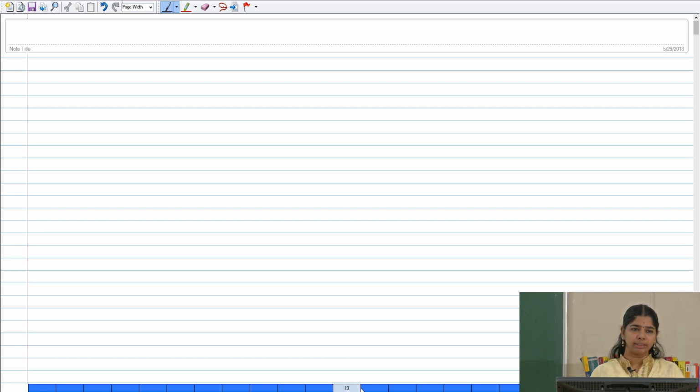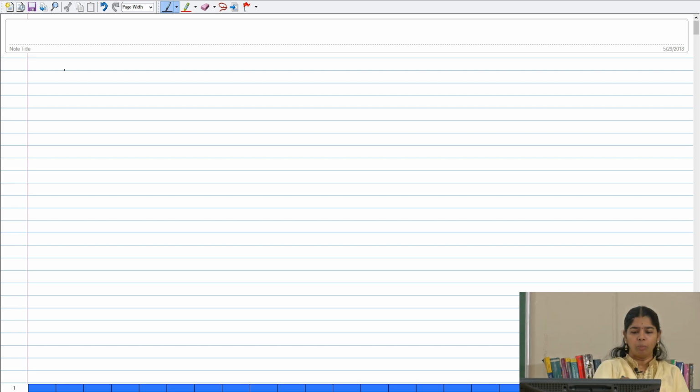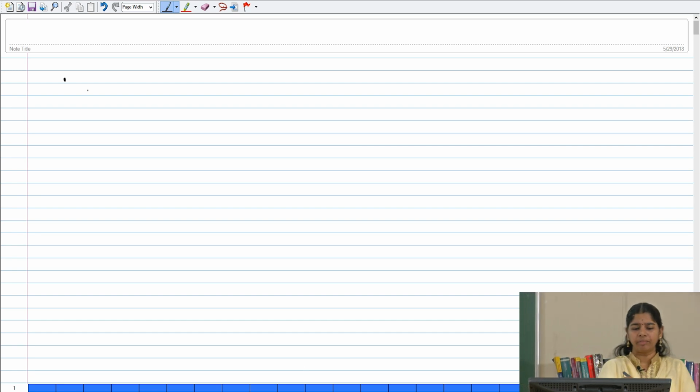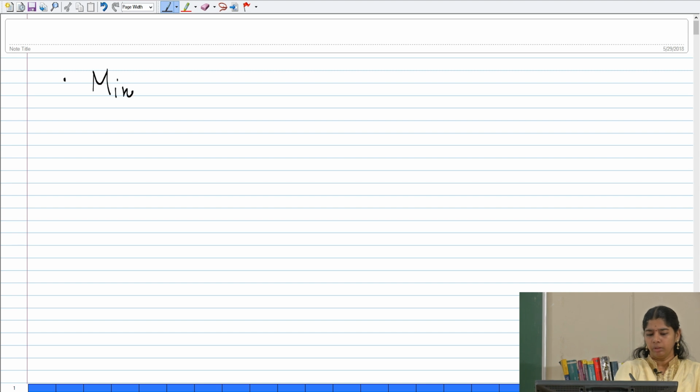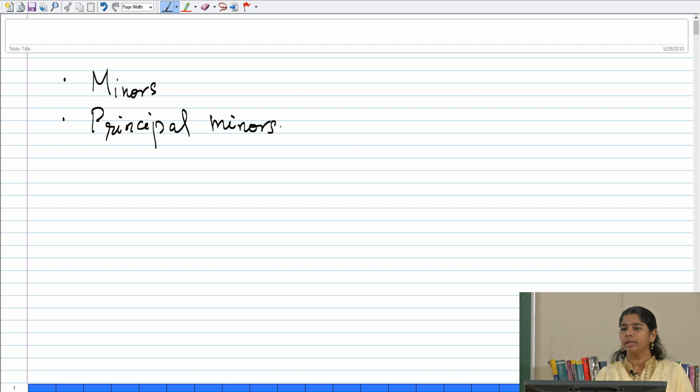And with respect to the adjacency matrix, we started looking at the connection between these two matrices, how it goes. Something more that I wanted to talk about today: one was minors and principal minors, and we also saw how they are connected with the characteristic polynomial, right?